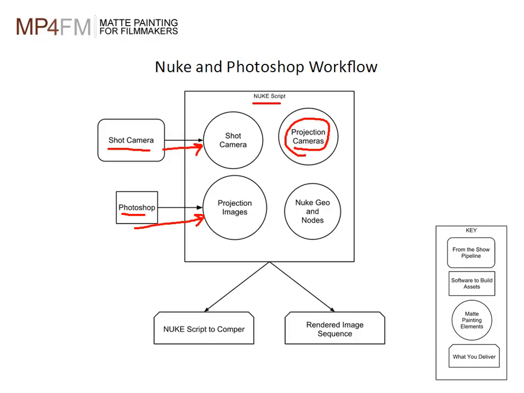Photoshop will export projection images into Nuke, and then within Nuke, Nuke Geo nodes and other nodes are created. This is all exported again as a live Nuke script to the compositor or a 2D image sequence.